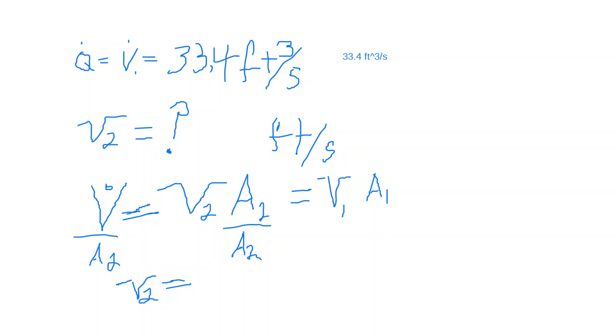Ah, so Chelsea has spoken or typed. So yes, Chelsea, 16.7 cubic feet per second is V dot for one inlet of the duct. But what's the velocity? What's V2? Small v. You tried. You did. It's okay.